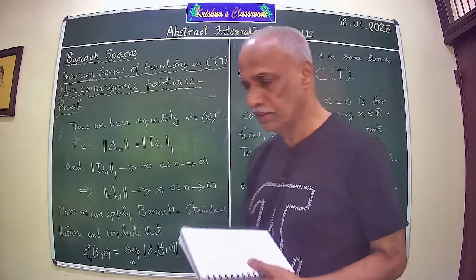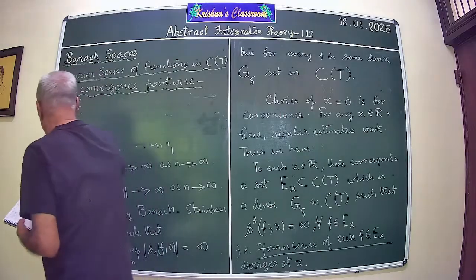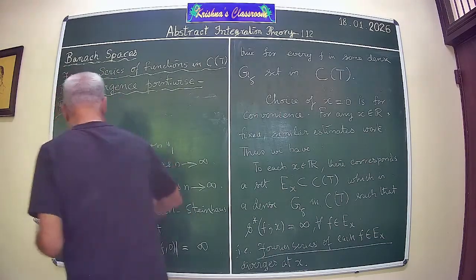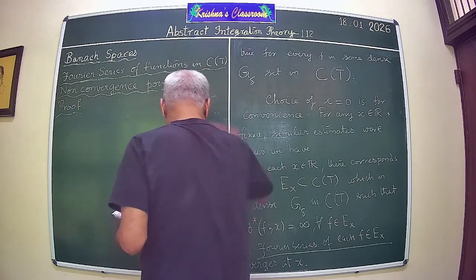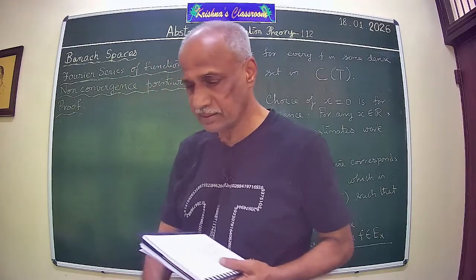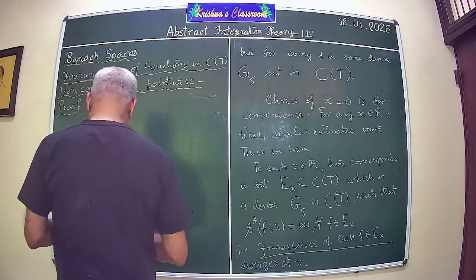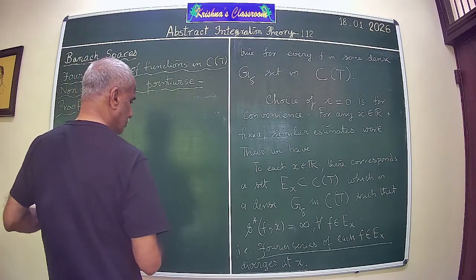What does this mean? This leads to our conclusion that the Fourier series does not converge pointwise at each x.